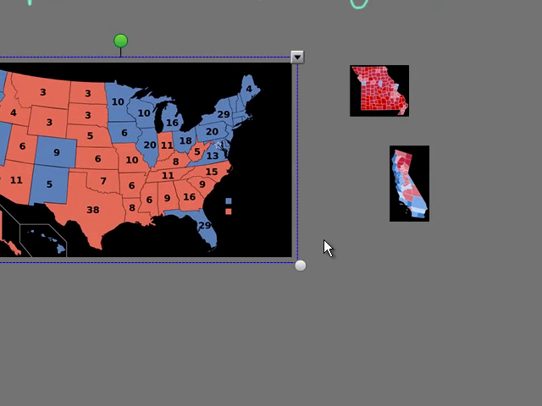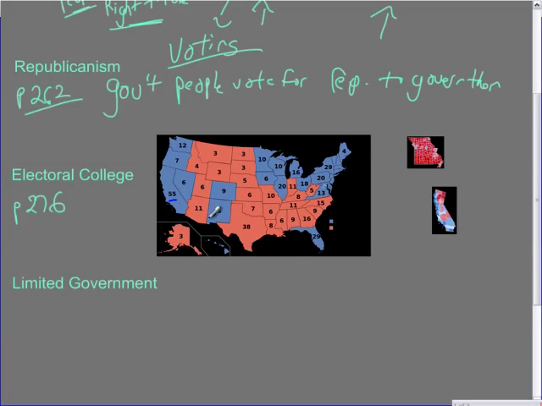If you look at this map, each state is designated a certain amount of electoral votes, and it has to do with population. So the larger states like California have 55, and the smaller population states like Idaho have 4. Depending on population is how many electoral votes you get.